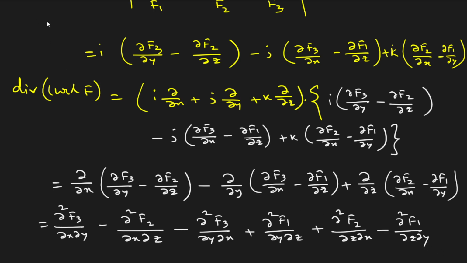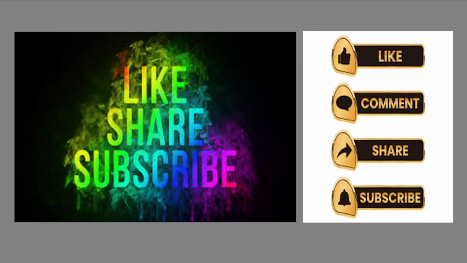Now if you observe carefully, this term will be cancelled out with this, f2 will be cancelled out with this, and this will be cancelled out with this. So what is the answer? Answer is 0. Okay. So all the examples are very easy, but all the calculation now we have to do very carefully. So I hope you understand all the examples, and thank you for watching.